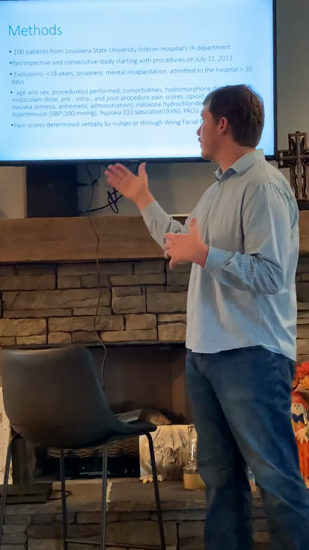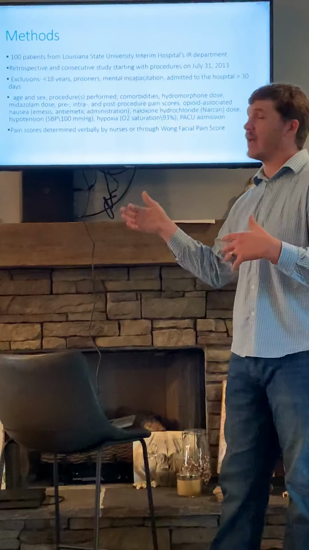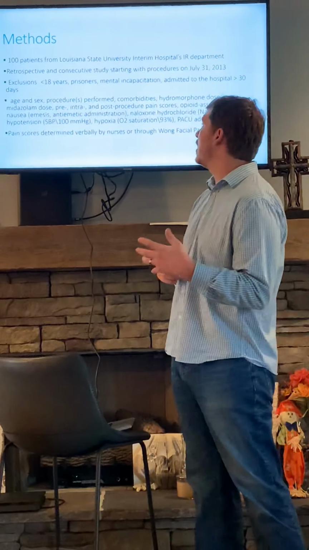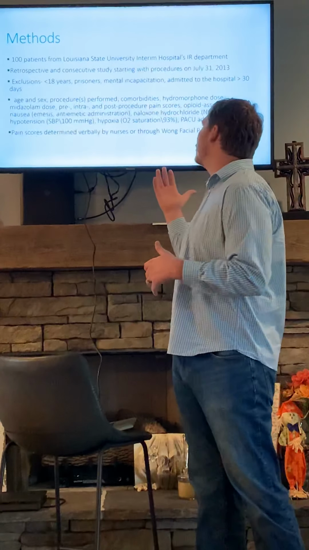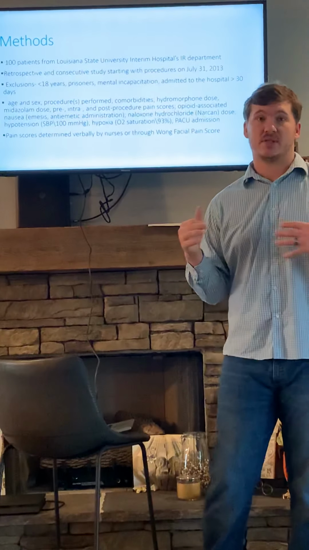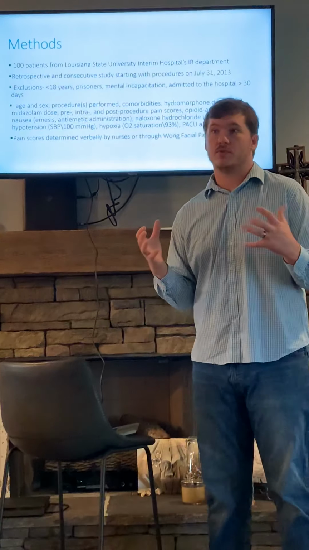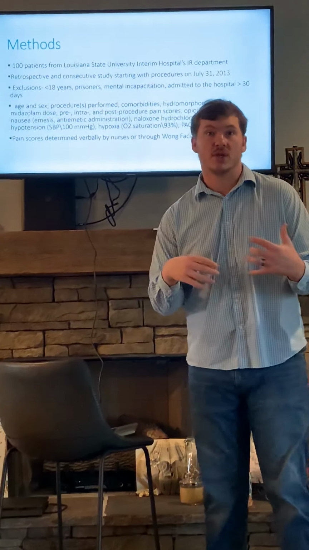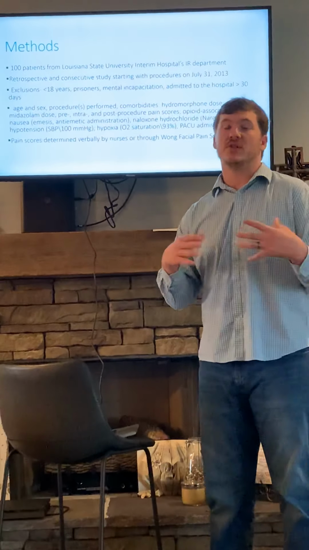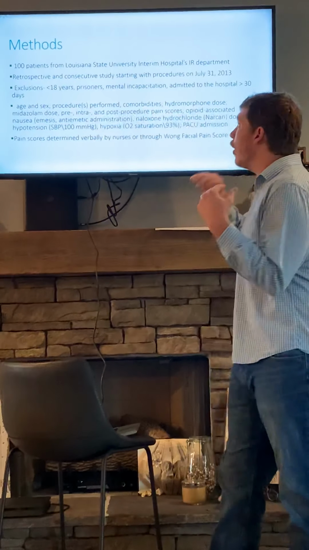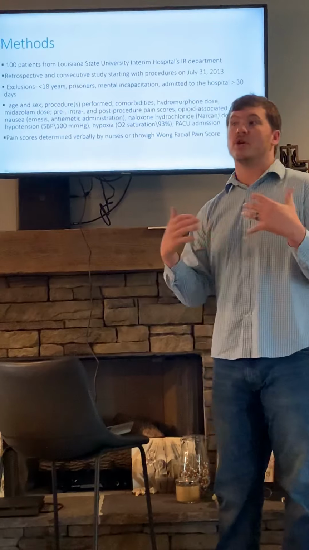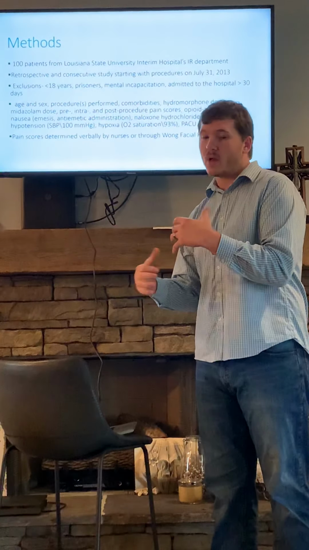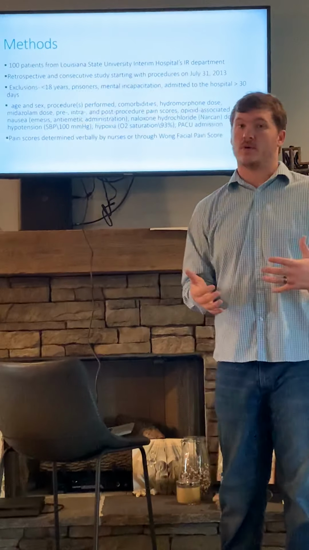Also hypotension, when your systolic blood pressure became less than 100, hypoxia, when your O2 sat became less than 93, and PACU admission, if the patient's reactions were too great for the regular nurses or the regular team to deal with. All of these things were examined, and there were variables associated with the effectiveness of hydromorphone.